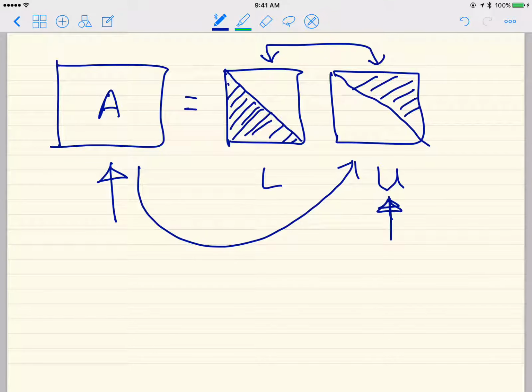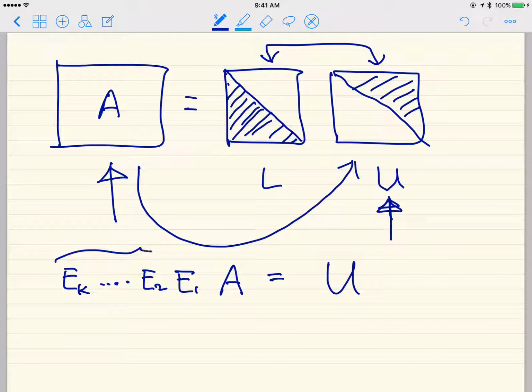In the case of row reduction or row operations, we multiply E1 up to Ek, and in that case, you will obtain some echelon form matrix U. Okay, so from this form, each of E1, E2, and Ek is an individual row reduction, and all together they form a product.